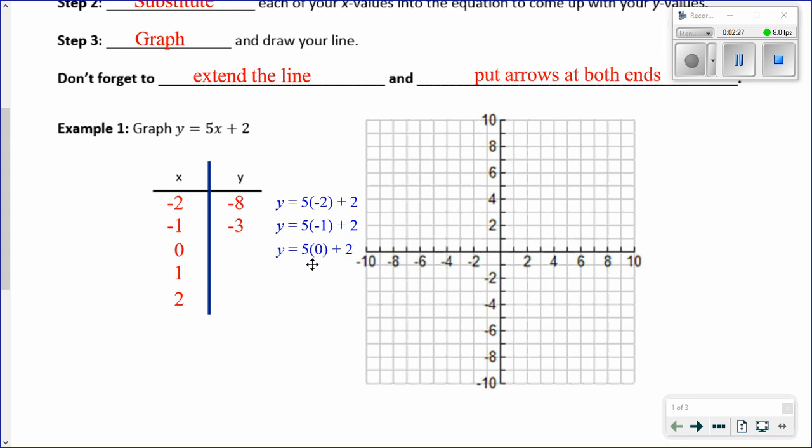Plug in the next one. 5 times 0 gives me 0 plus 2 gives me 2. Do the next one. 5 times 1 gives me 5 plus 2 gives me 7. The next one. 5 times 2 gives me 10 plus 2 gives me 12.